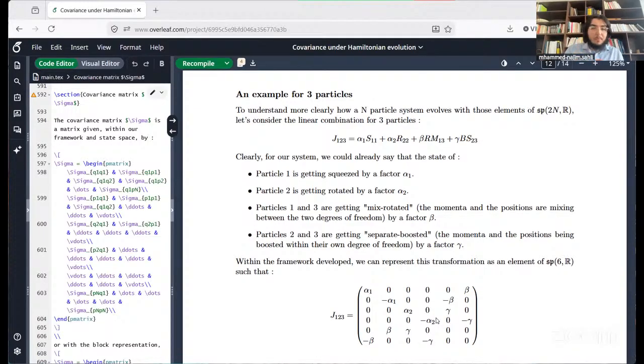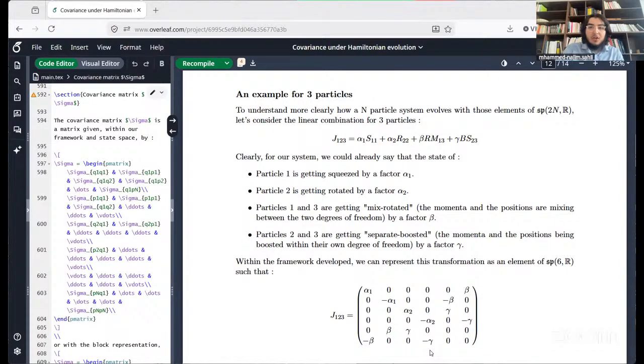We can see that it's only an element of sp2. So it's either squeezing, a boost, or a rotation between those 2 degrees of freedom. And one thing that is really great is that because J is symmetric, we only have to study one triangle of the matrix. Maybe the minus signs are not written in the right way, sorry, but I hope that you get the idea.